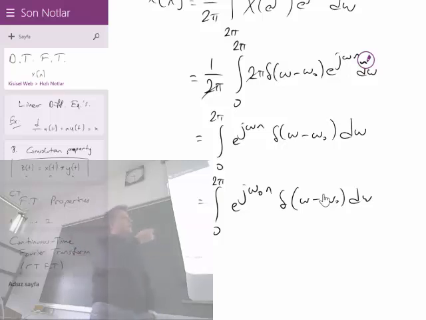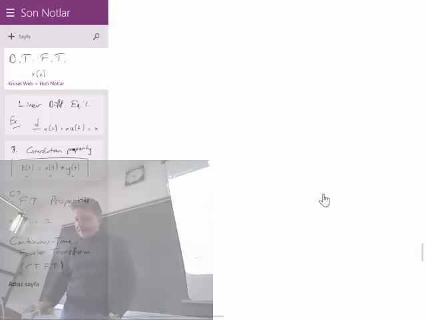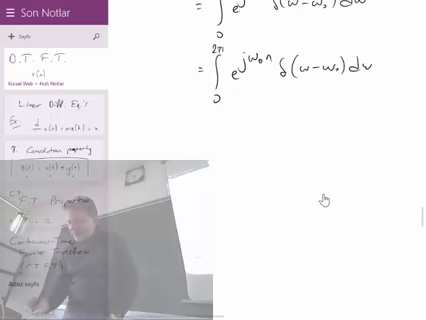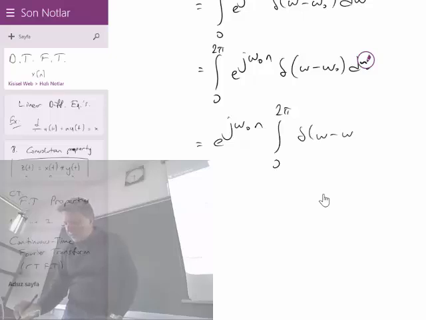Now, since it is an e to the j omega 0 n, naturally it is independent from omega and can be taken out of the integral. E to the j omega 0 n integral from 0 to 2 pi delta omega minus omega 0 d omega.